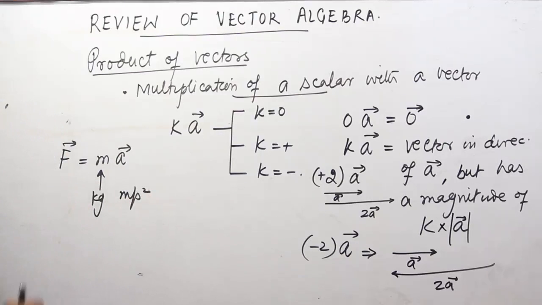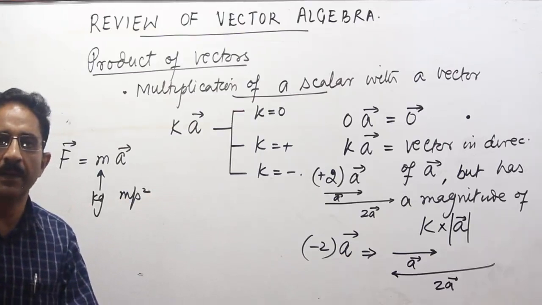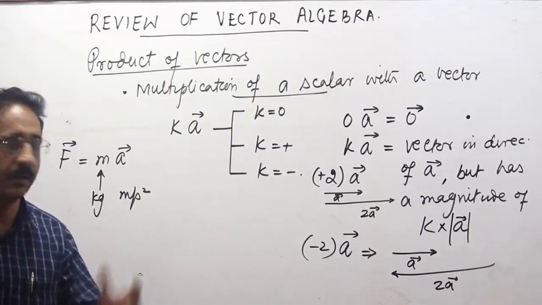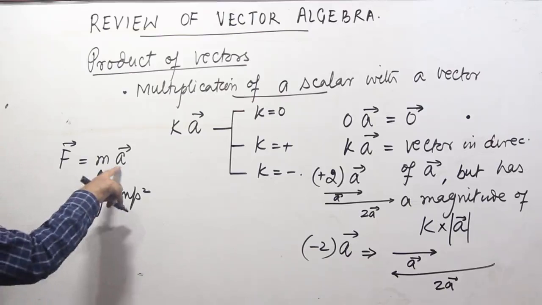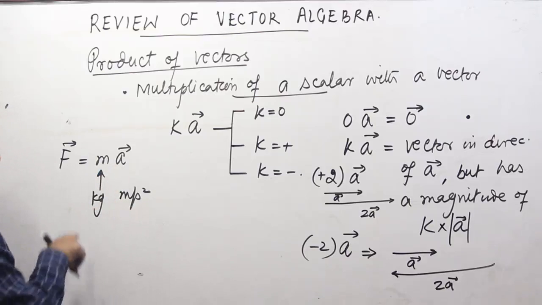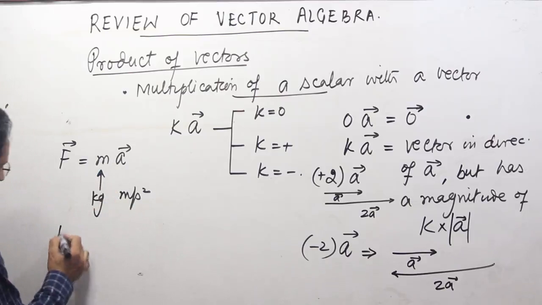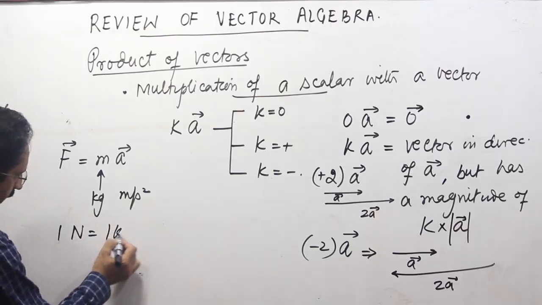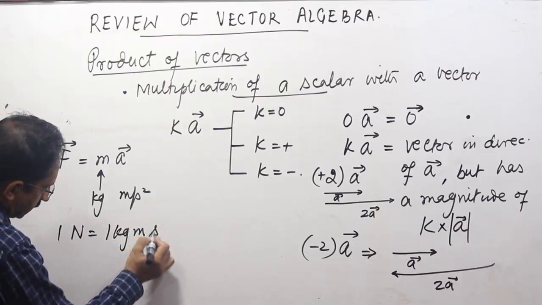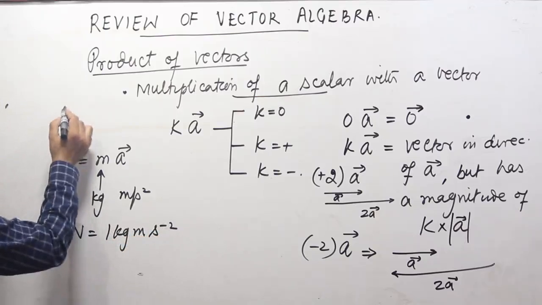So the unit of this quantity will be the product of the unit of the scalar m and the unit of this vector, that is meter per second square. So the force, whose unit we take as Newton: 1 Newton is equal to 1 kg meter per second square.